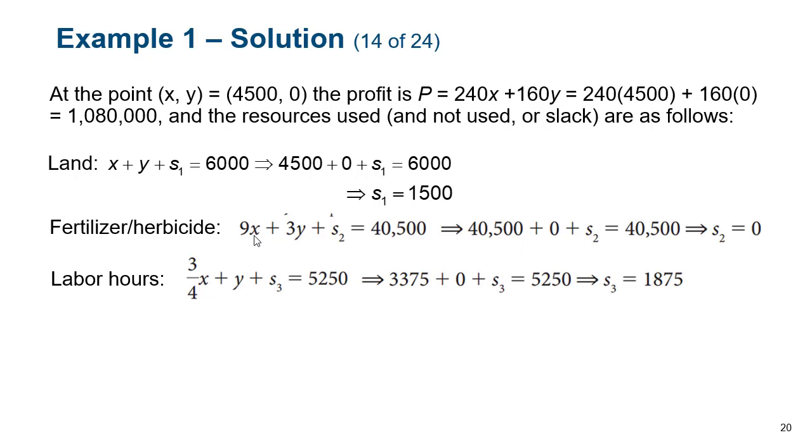We could also go back to the other constraints, plug in the amounts for x and y, i.e. 4,500 and 0, and figure out what our slack variables are for other things. And in this case, we see that we used all of our herbicide, all of our fertilizer, but then down here, we can see that we left some labor on the table, right? We didn't maximize our labor.